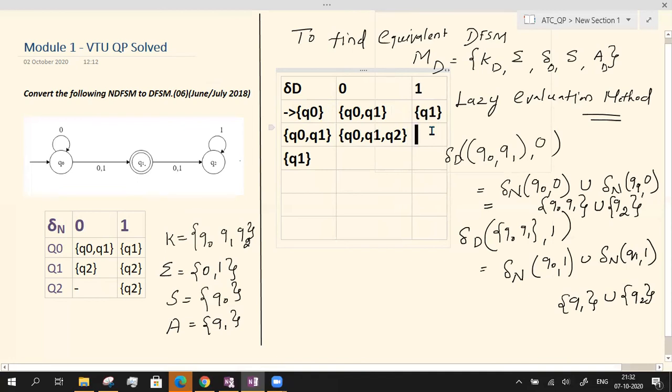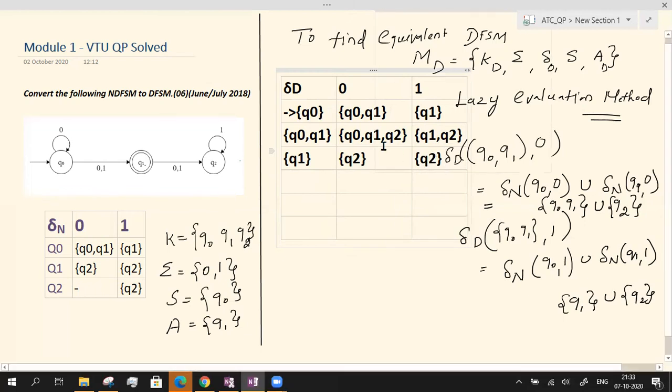On reading 1, it is {Q1, Q2}. From Q1 on reading 0, refer to the transition table, it says it is Q2. From Q1 on reading 1, it also goes to the same Q2 itself.